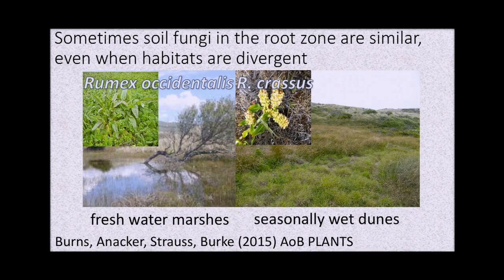And yet when we sample the soils from around their roots, we find really similar fungal communities in the soil. Now you remember that those fungal communities are really important pathogens and they're really important mutualists. So the fungi might help the plants to establish and to grow.